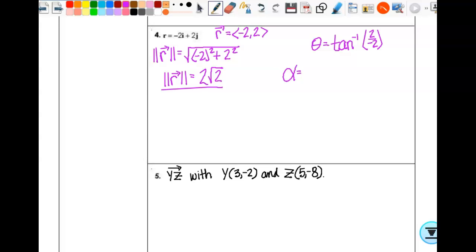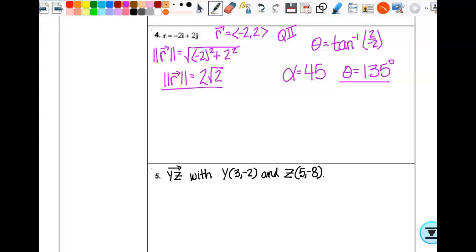But then we don't want it as pi fourths, so what's pi fourths in degrees? 45. I mean, you can use the calculator, but these are things we know too. All right, so then what quadrant are we concerned with here? Second. So in the second quadrant, what do I do with alpha? Subtract from 180, so that gives me 135 degrees.